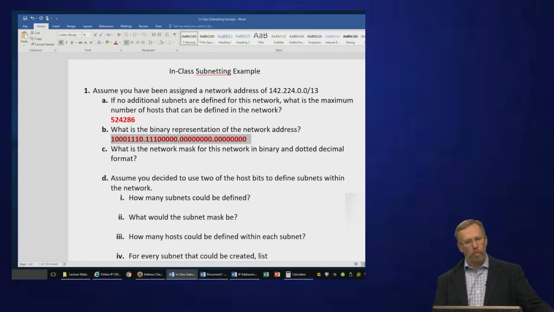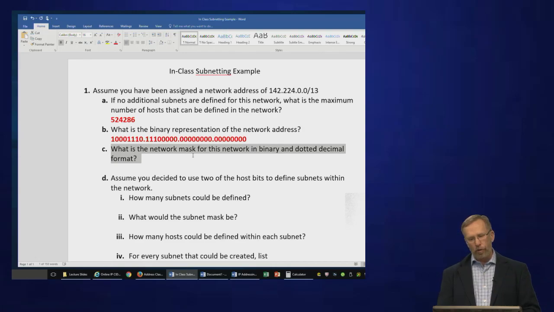What is the network mask or the subnet mask? I intentionally use different language in different parts of the assignment to make sure that you get exposed to all the terminology that you might see. So what's the network mask for this network in both binary and dotted decimal format?